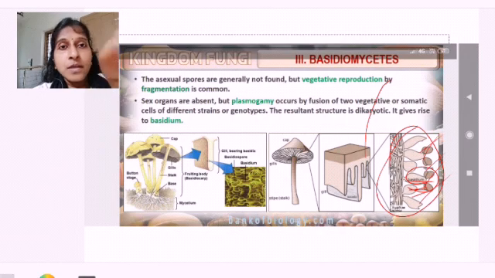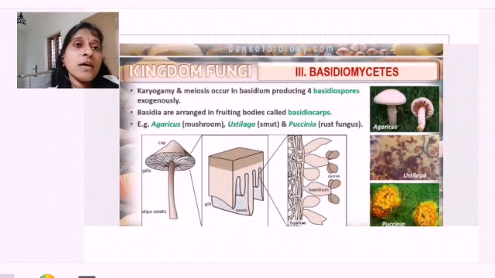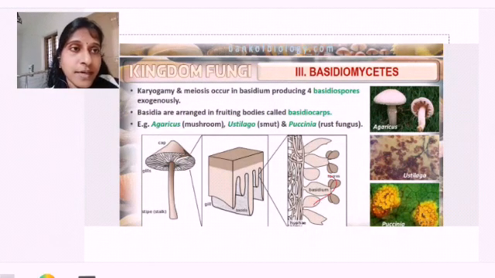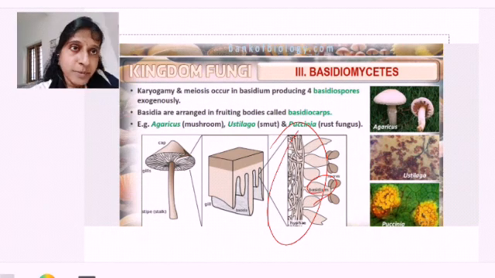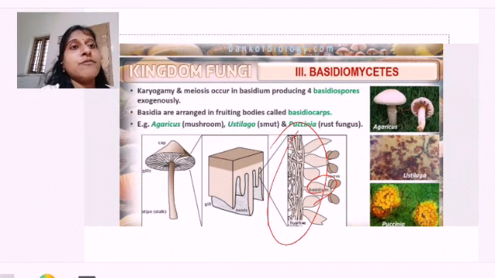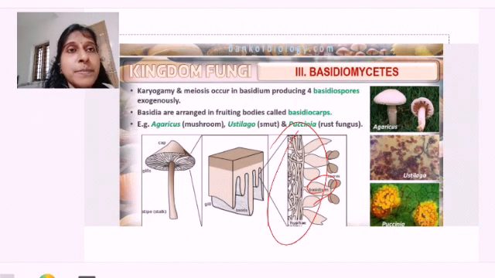Clear? Now in Basidiomycetes, karyogamy and meiosis occur in the basidium. I told you where it is occurring: in the basidium, right? So basidia are arranged in a fruiting body called the basidiocarp.